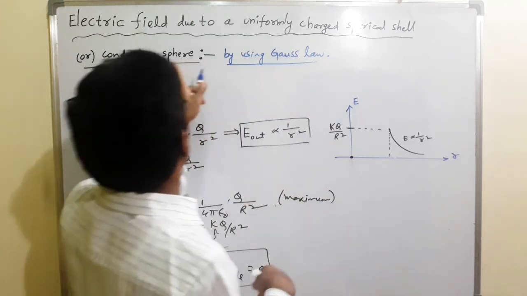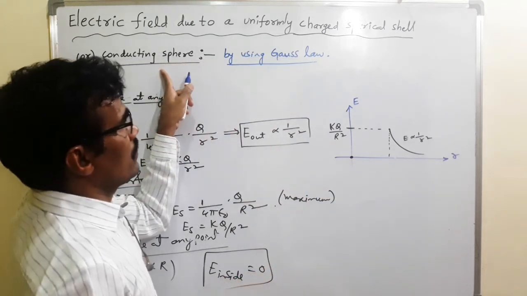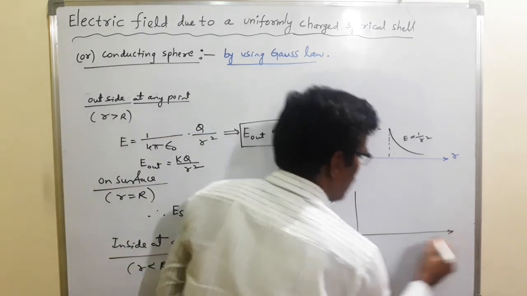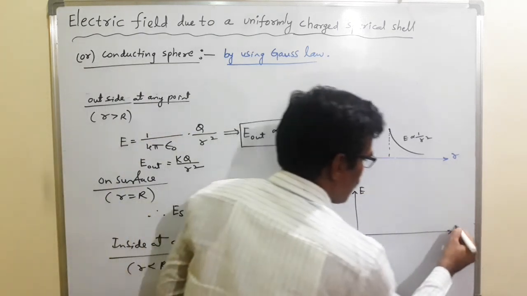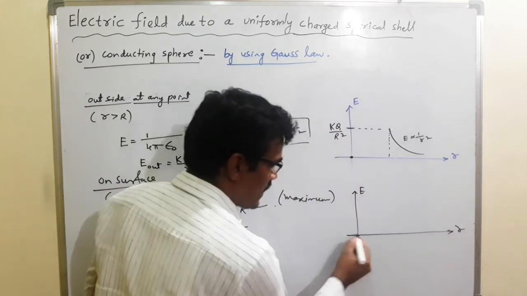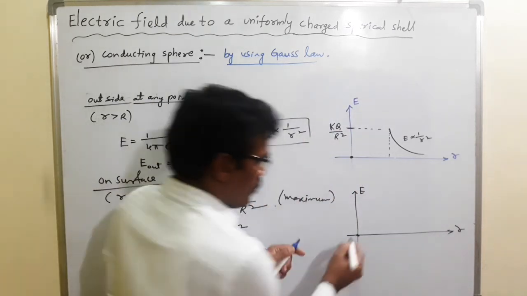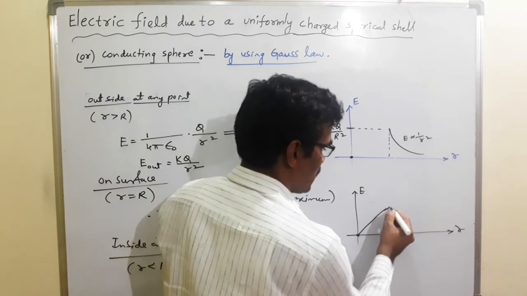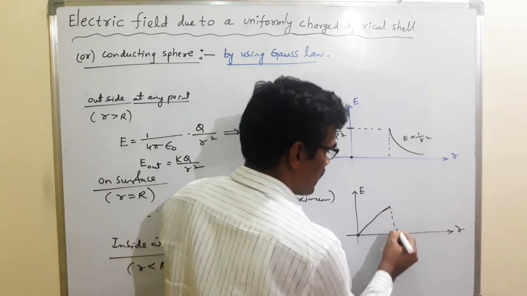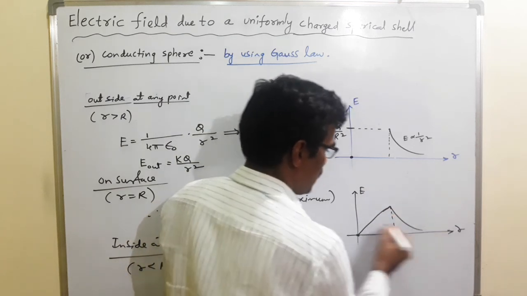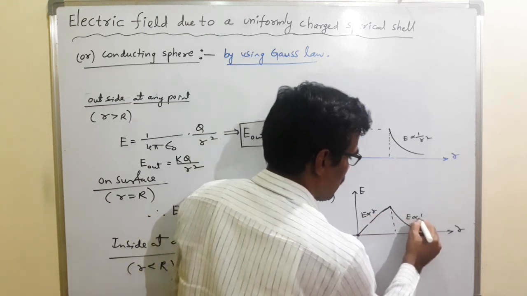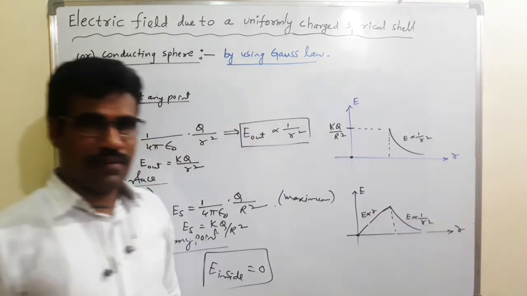Here this is the conducting sphere. Now for a non-conducting sphere, the graph of E and R: at the center field is 0, from center to surface it gradually increases, maximum at the surface, and after that E is inversely proportional to small r square.